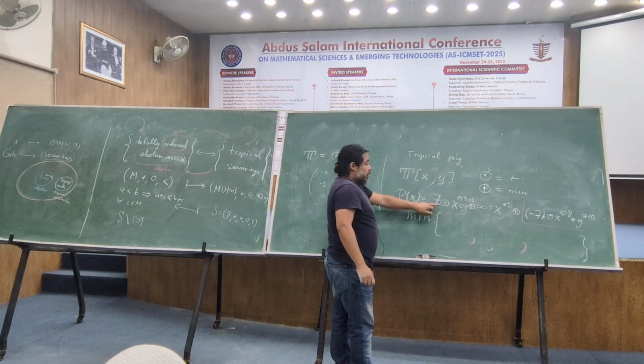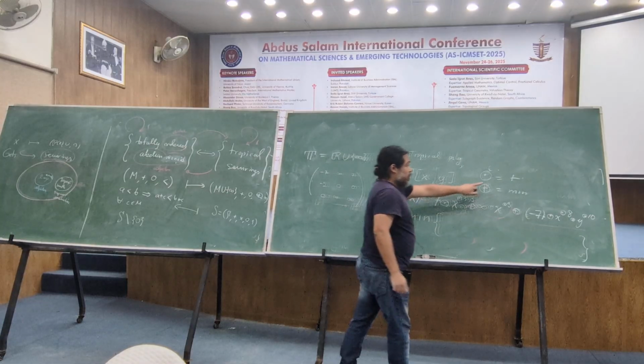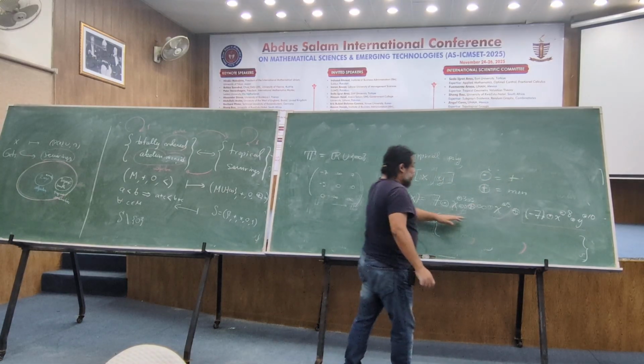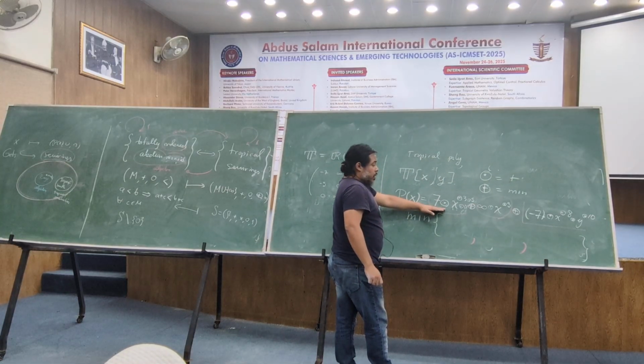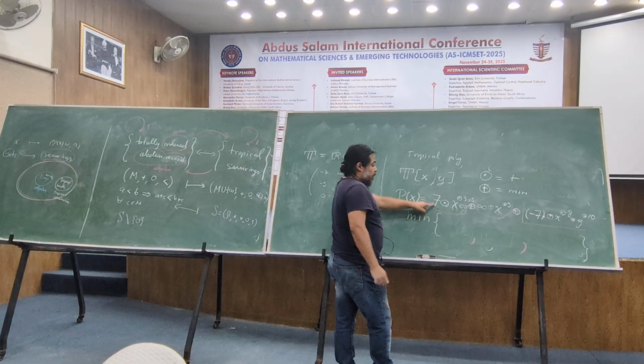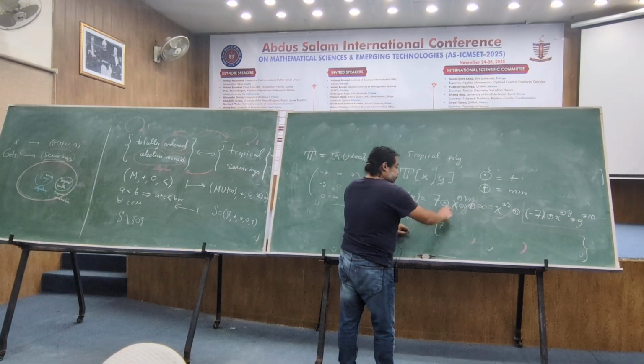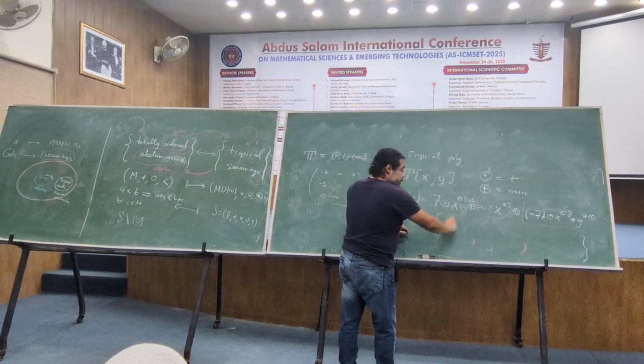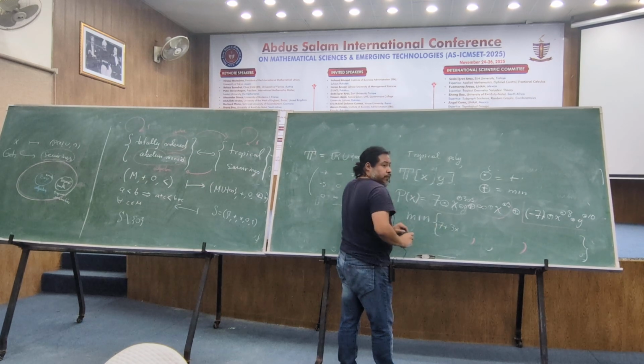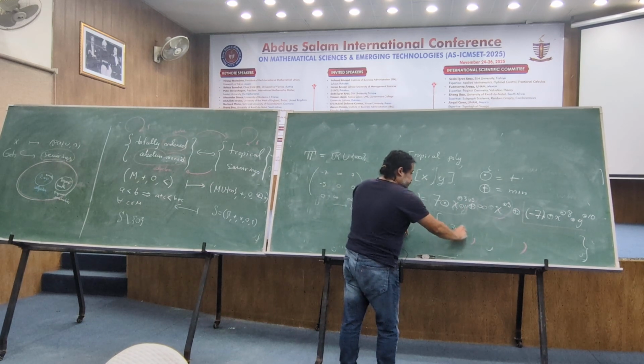Here, times becomes plus. So this monomial is 7 plus, and exponentiation becomes summing, 3 times x plus 5y.